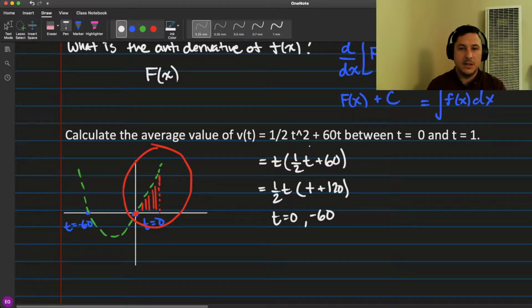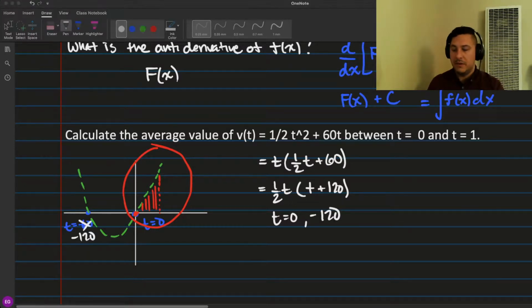So I also need to change... Thank you for catching that. Oh wait, this one was still 60. And then you factor out the 1/2, you get t plus 120. So this is 120. So that's negative 120. Cool. Thank you for noticing that.